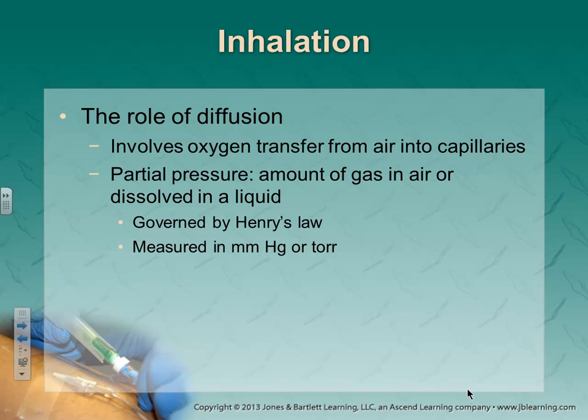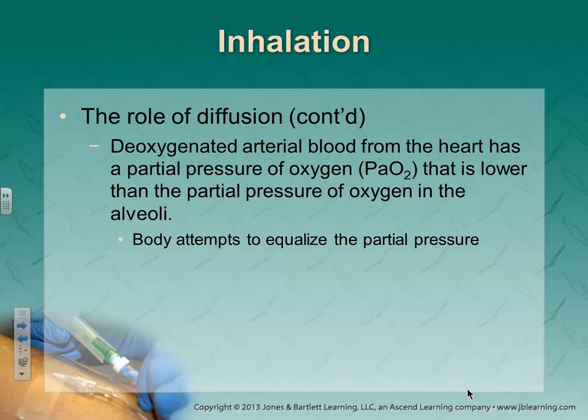Remember all these laws, Henry's law, Boyle's law, the Hering-Breuer reflex, those are going to be important. Just in the simplest terms, what is the partial pressure of a gas?